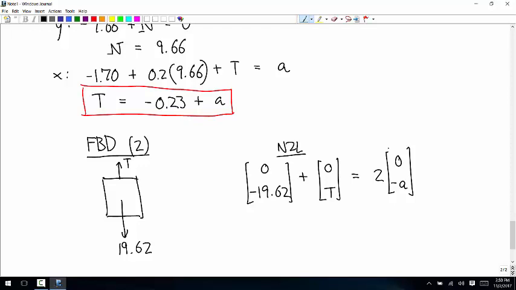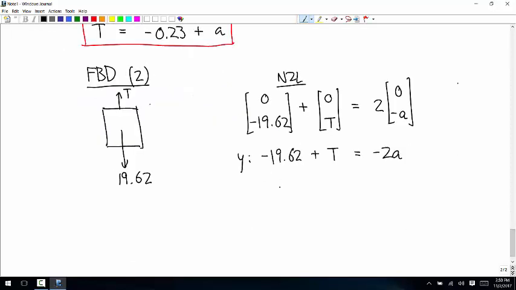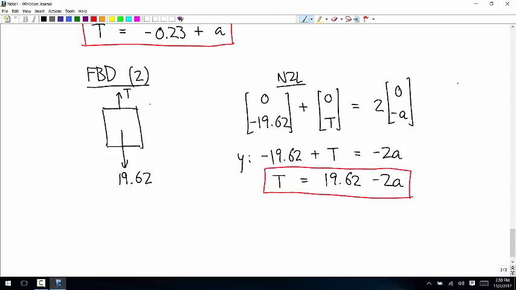The x equation doesn't give us anything. The y equation says negative 19.62 plus T is equal to negative 2a. And I'll rearrange that a little. T is equal to 19.62 minus 2a.